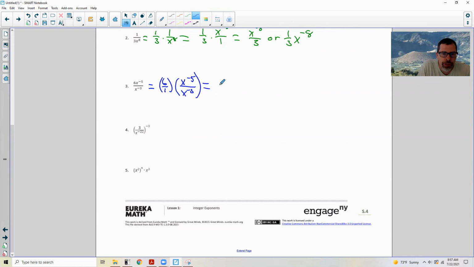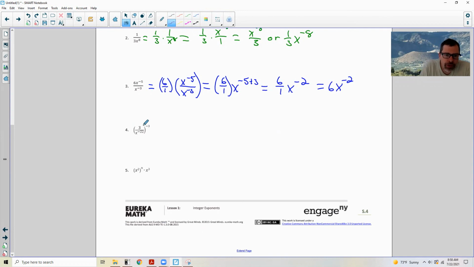I'm just showing all my work here. That is going to equal 6 over 1 times x to the negative 5 minus a negative 3, which is plus 3. And that's going to equal 6 over 1 x to the negative 2, which is simply 6x to the negative 2.